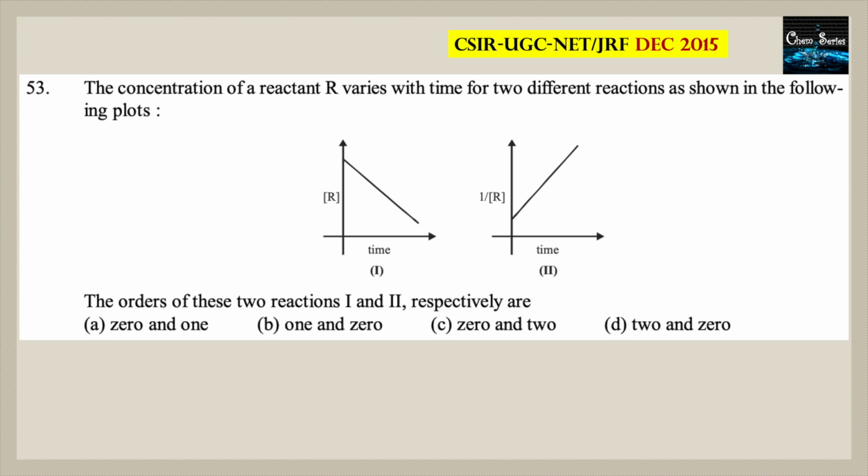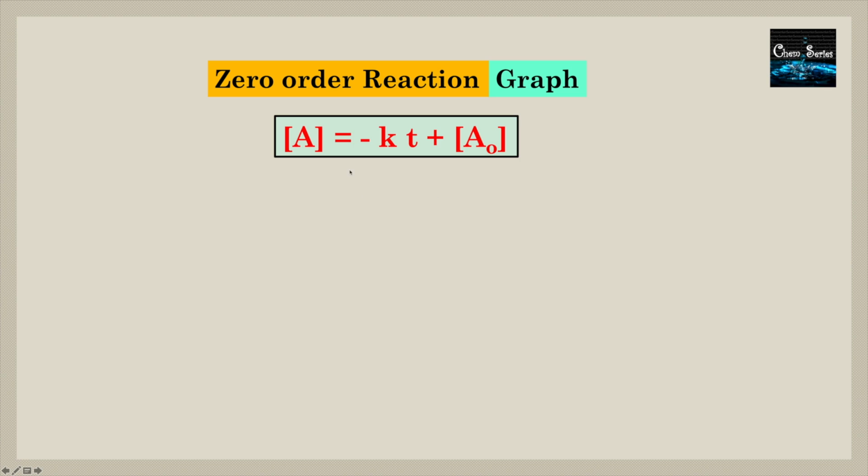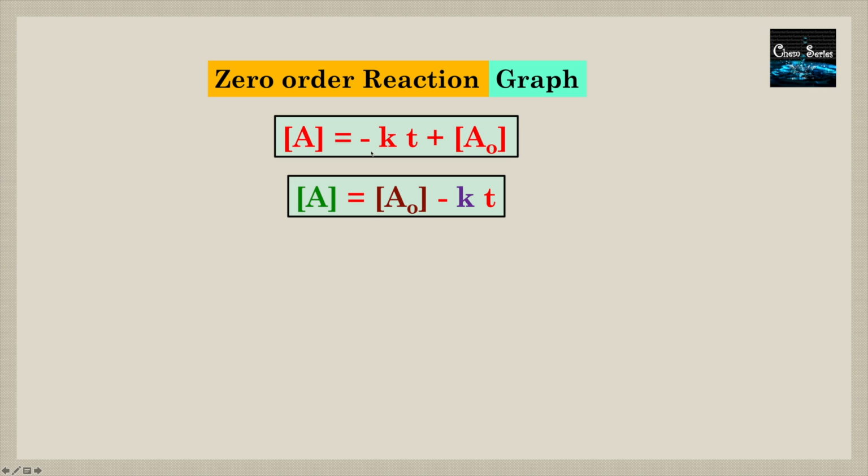We have already seen the 0, first and second order graphs, so now let us go one by one. I will brief it. For a zero order reaction, this is the rate constant formula, and rearranging it, A is equal to A naught minus kt. So let's see whether y is equal to mx, the plot of this equation.